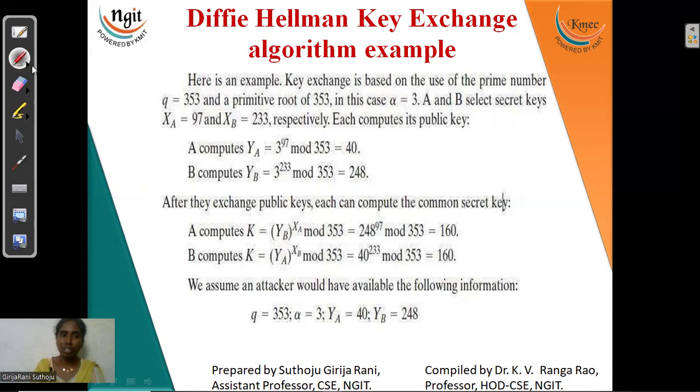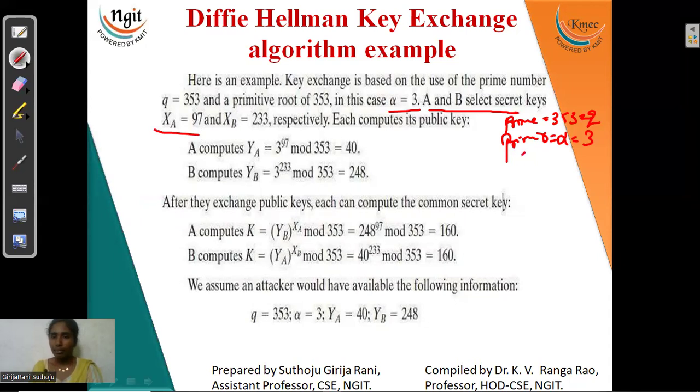After proper calculations, we have kept this example in front of you, right? So my prime number is 353, denoted by Q. Now my primitive root, that is alpha, will be 3. By these two, I have to select two private keys, yes or no? So XA and XB. XA is 97.